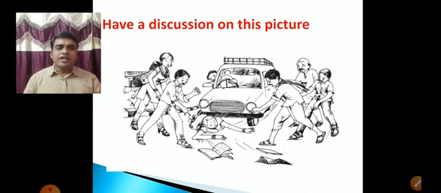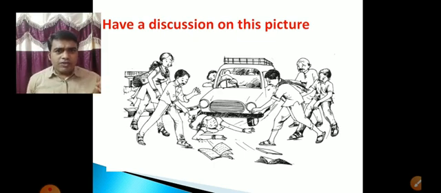Like this, we can frame at least 5-6 sentences by looking at any picture, children. That is about the grammar area regarding picture reading. Got it? Let's come to the realistic message of this picture, my dear children.